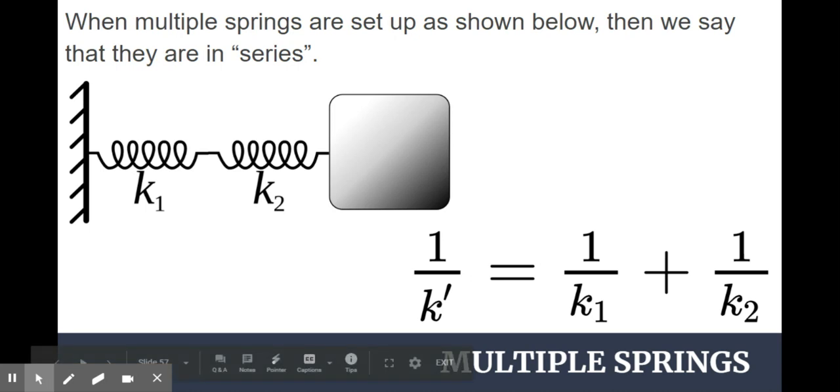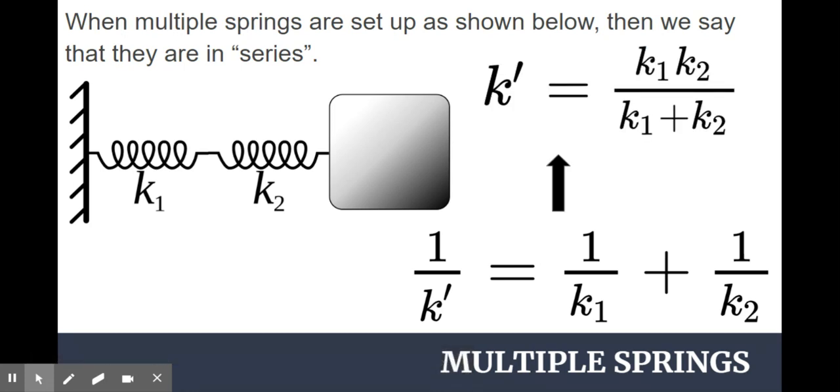This is your basic equation right here. And again, for each spring with a spring constant, you're just going to add more and more terms. So the inverse of our effective spring constant is equal to the inverse of the first spring constant plus the inverse of the second spring constant plus however many spring constants there are. So for this situation, with just two springs set up like this, if you solve for your effective spring constant, this is what your effective spring constant will look like.